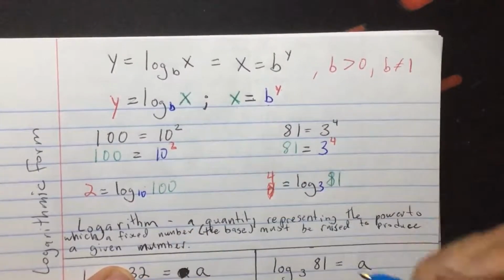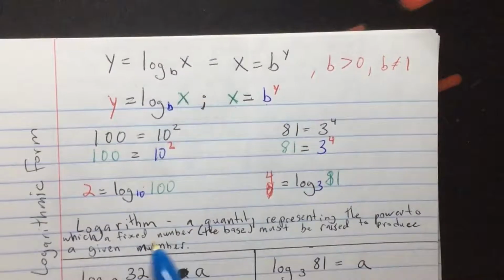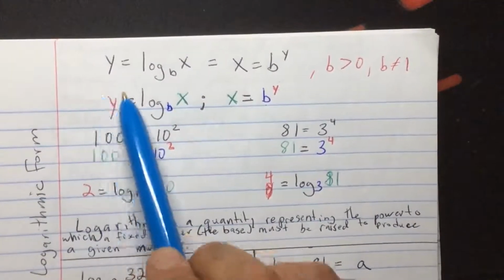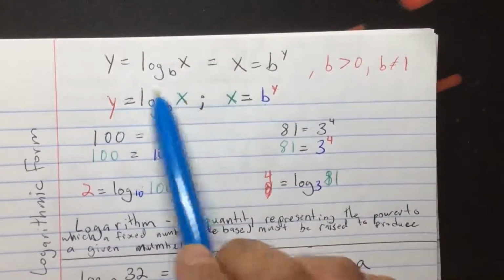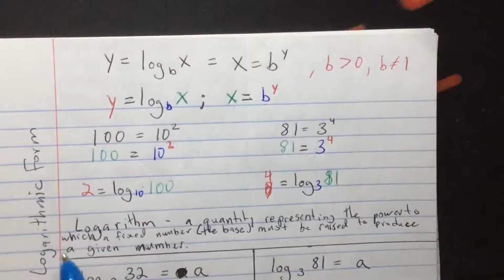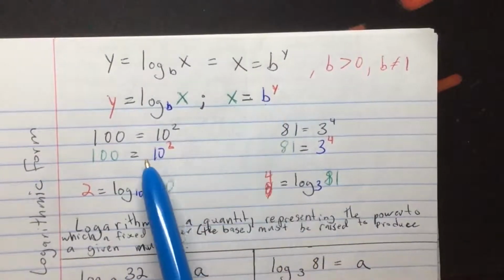Basically, that just means if you have this here, a quantity representing the power. So we're saying this is going to equal this, but this is the power of the base. The fixed number is going to be our b, usually, so that's always going to be given.